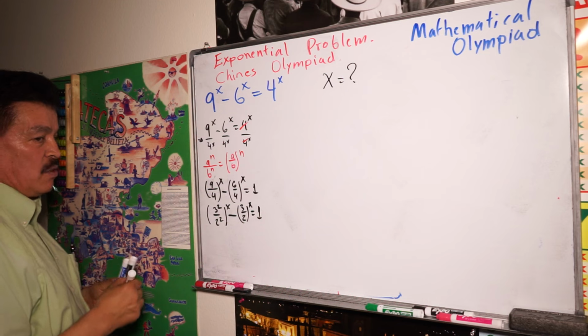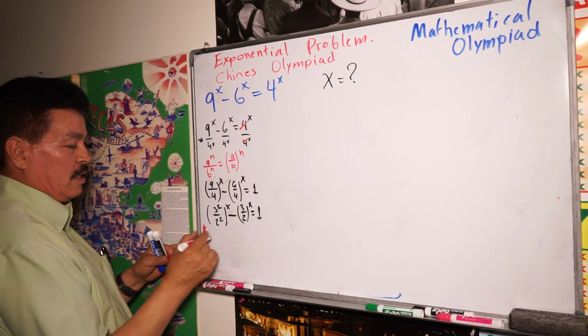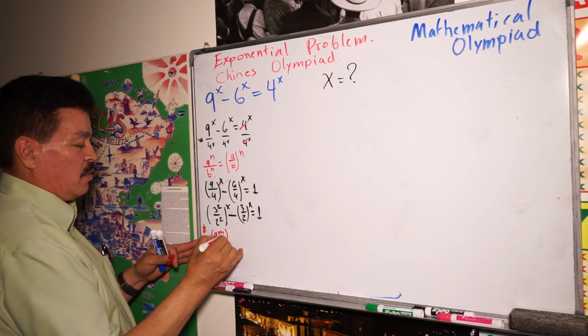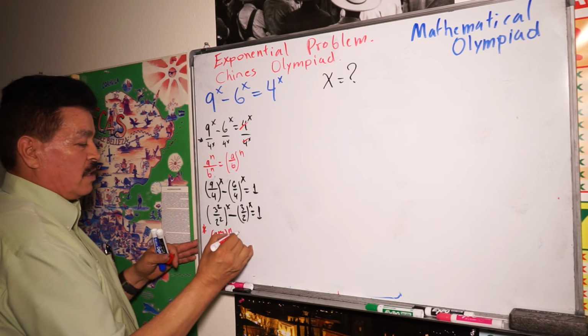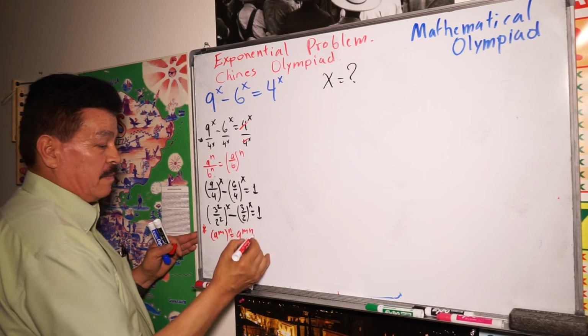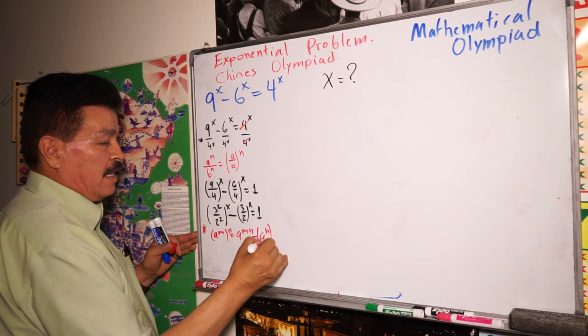Let me write another rule here. It is very important to write this kind of rule, because we have to be smart in this. a to the m, to the n power, equals a to the n, to the m power.